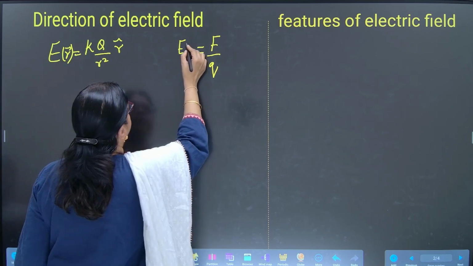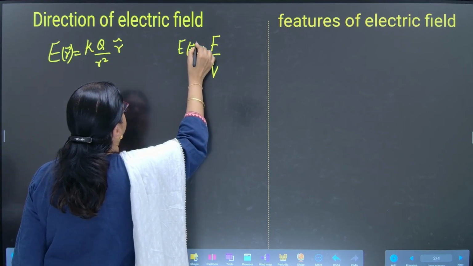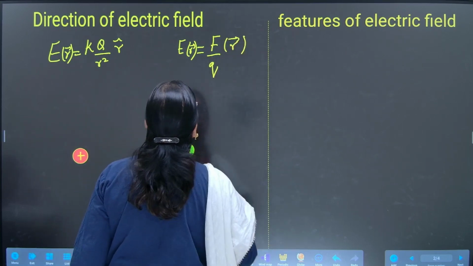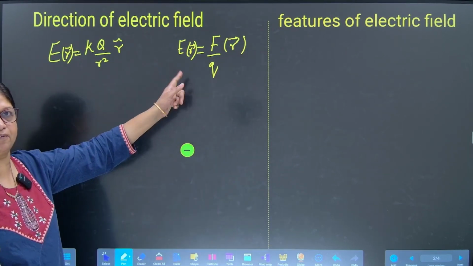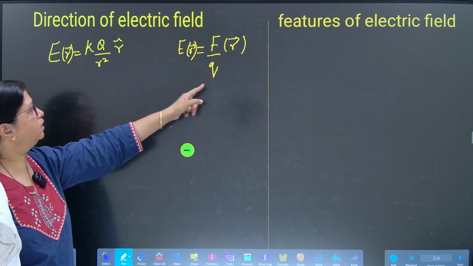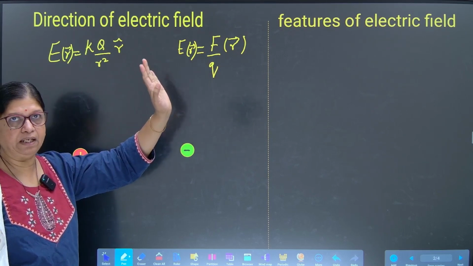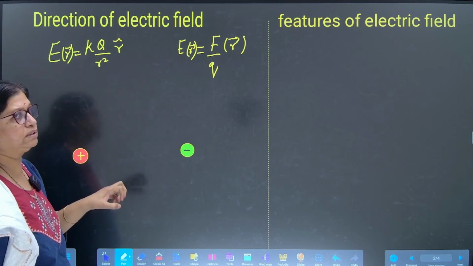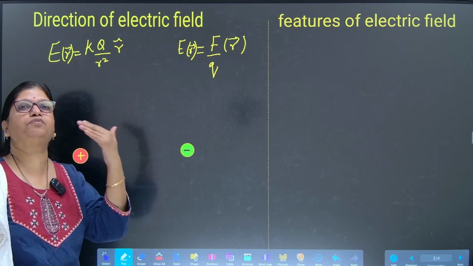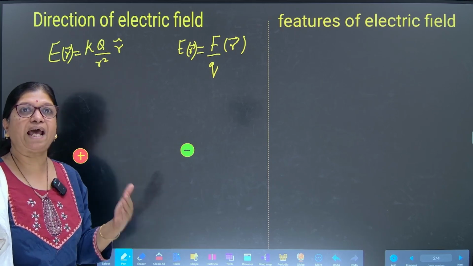Similarly, here also I write E as a function of R and F is also a function of R. It means the direction of electric field is the direction of the force itself acting on the test charge. Clear?